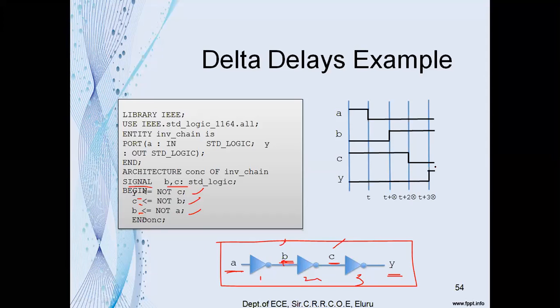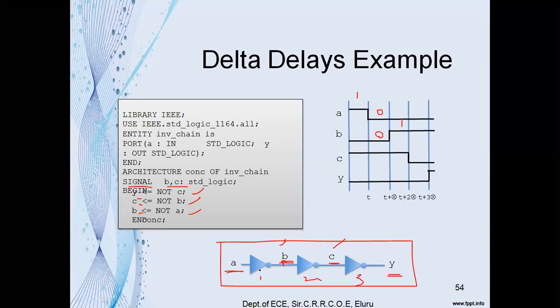But if you look at the waveforms, A is initially in the high state and then it changes to 0. What about the output B? B also changes from 0 to 1. Why? Because it is a NOT gate.